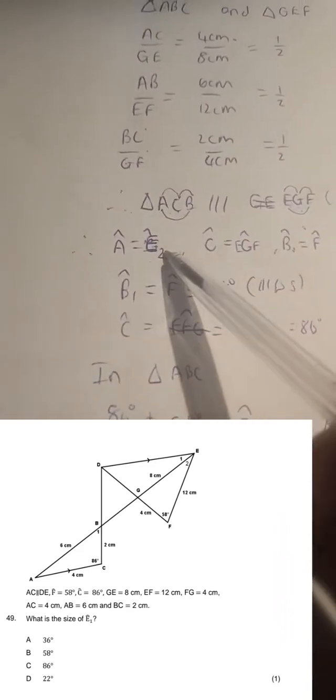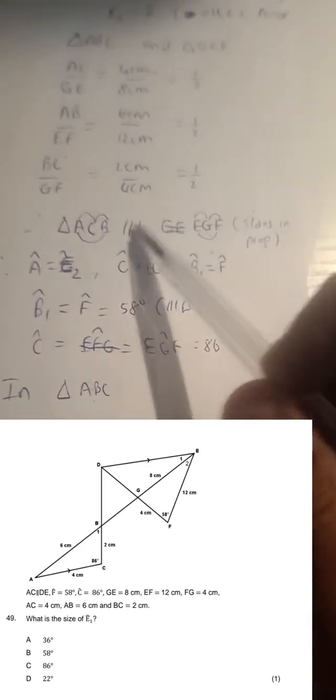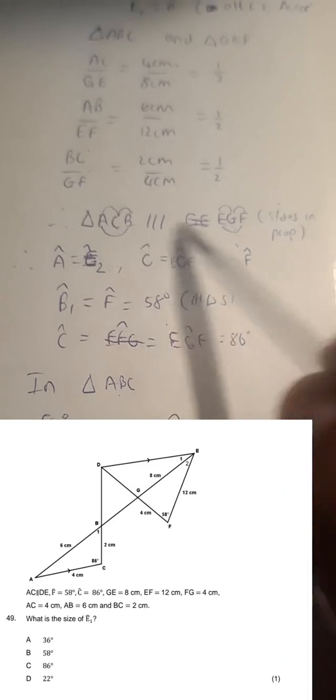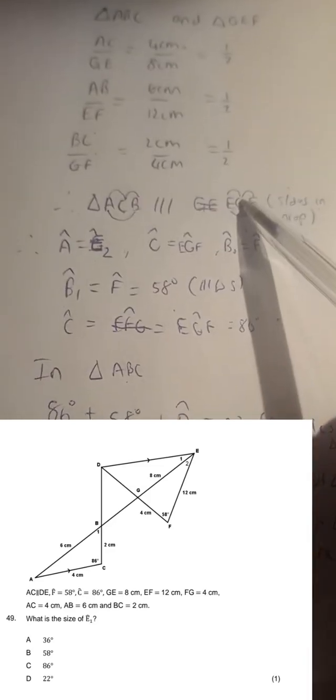Remember, according to the similarity of triangles, angle A was also equal to E2, according to the proof of the similarity of the triangles. As we had proved that the triangles are similar, we found that angle A is equal to E2. But remember, because of parallel lines, we also know angle A is not just equal to E2 because of the similar triangles, but angle A is also equal to angle E1 because these are parallel lines.